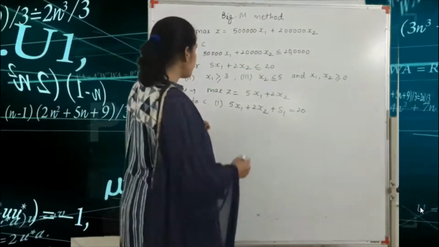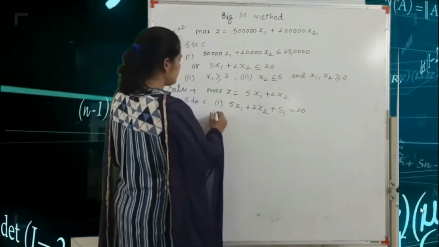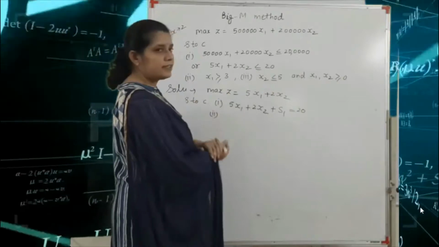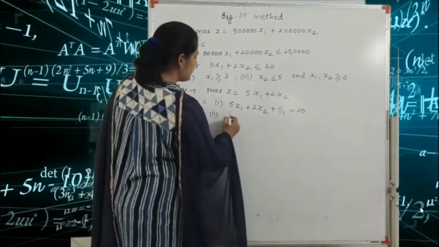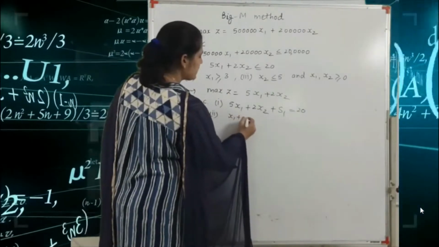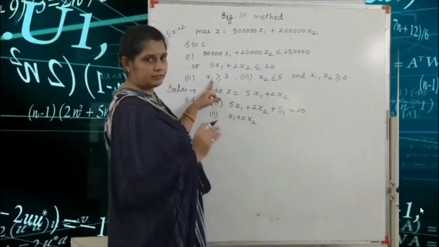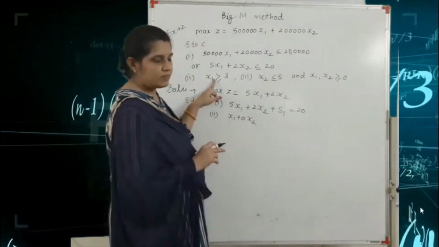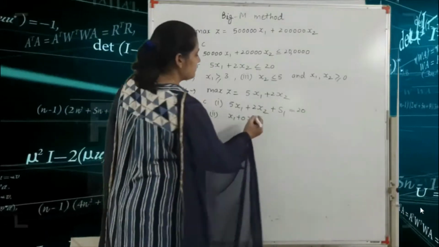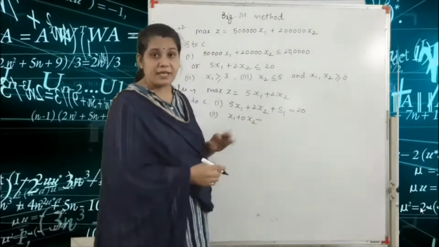Our second constraint is x1 greater than or equal to 3. That means we write x1 plus 0x2, because x2 is not given here. Since it is a greater than or equal to type, we write the surplus variable.